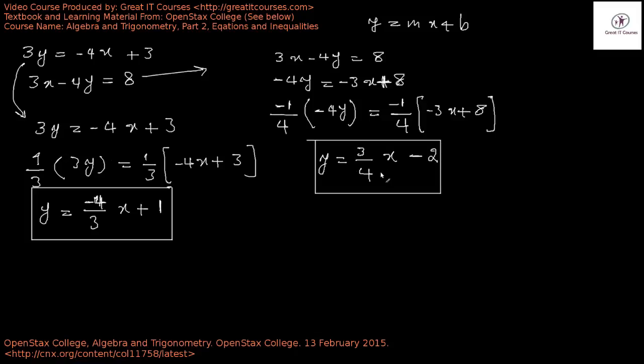So now you can see that here your m is equal to 3 by 4. Here your m is equal to minus 4 by 3. Now according to what we said before, let's call this m1, let's call this m2. If m1 into m2 is equal to minus 1, then the lines are perpendicular.